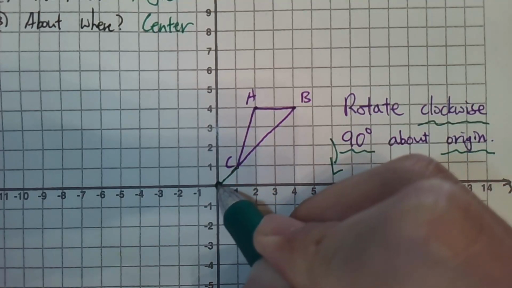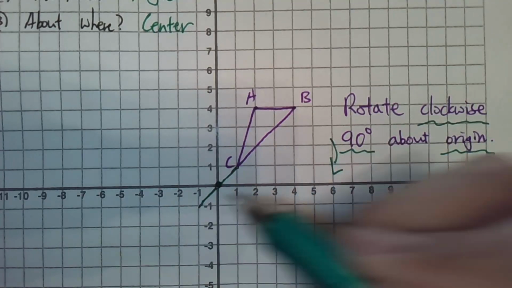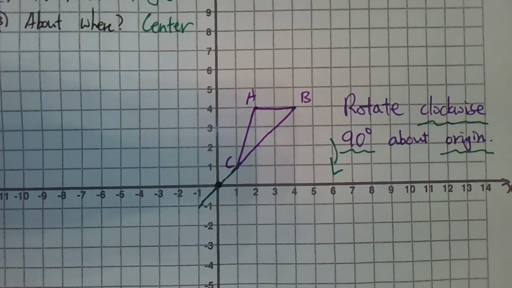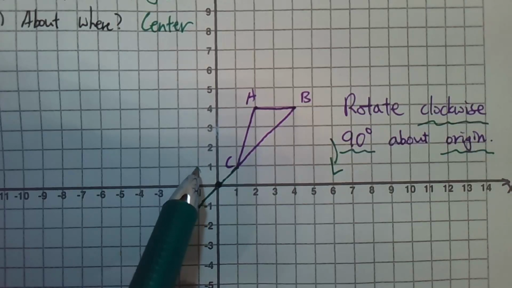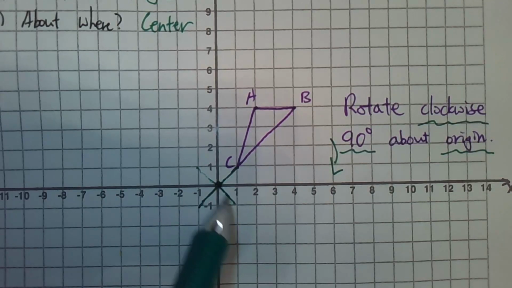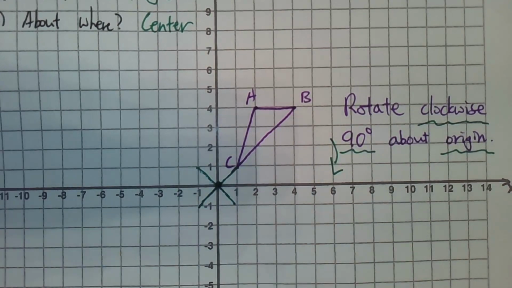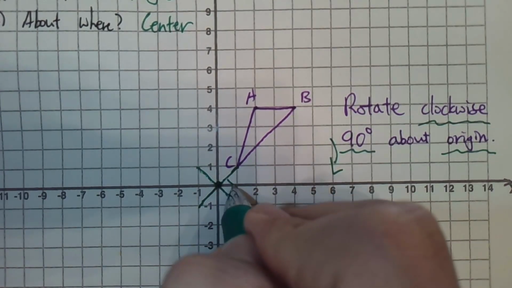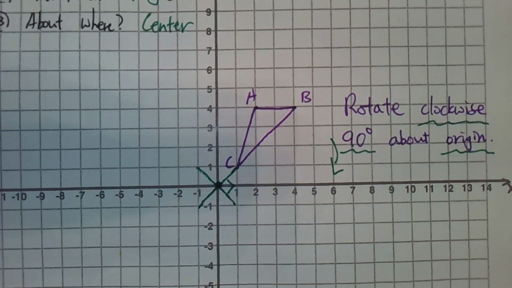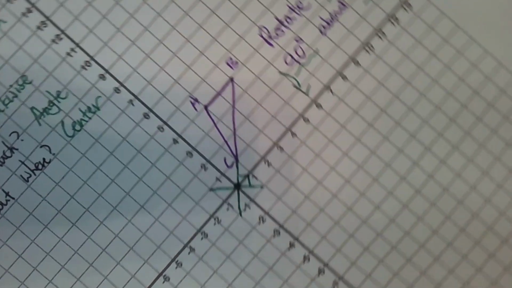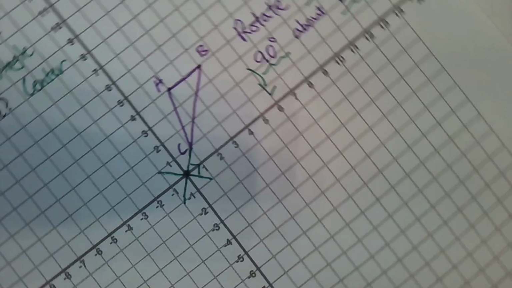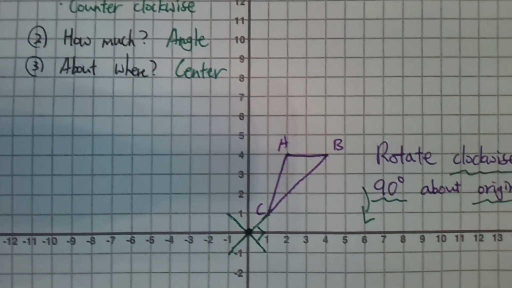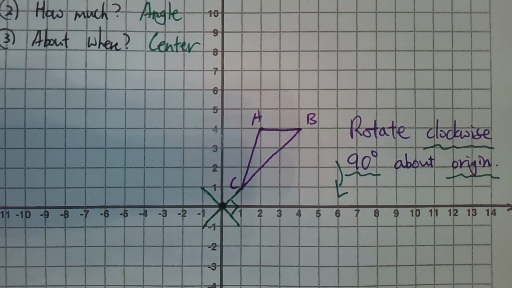Here is the origin. I'm going to extend it, and I'm going to draw a perpendicular line to this line, so that will be like this, right? Perpendicular line. And I know this is 90 degrees now because I drew a perpendicular line. If I show you in correct orientation, that is 90 degrees, right? So that's my guide to know how much to turn.